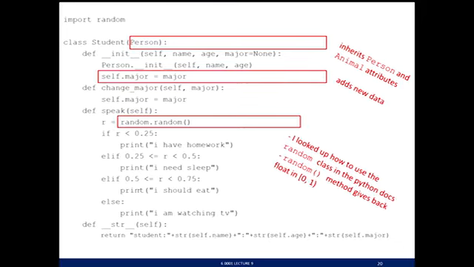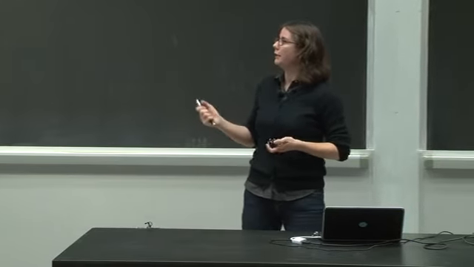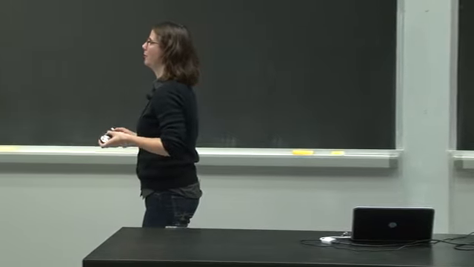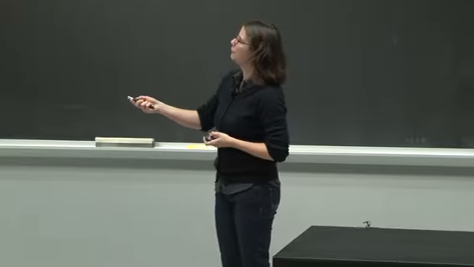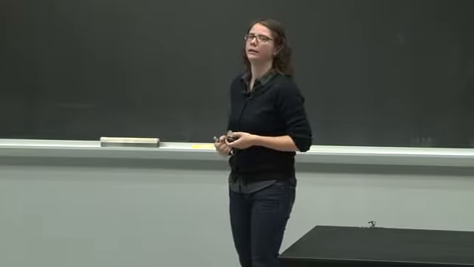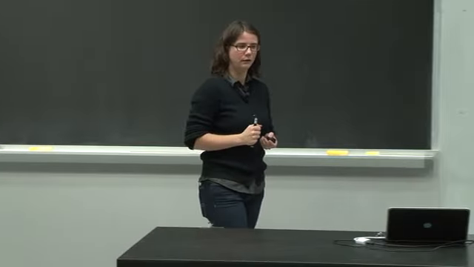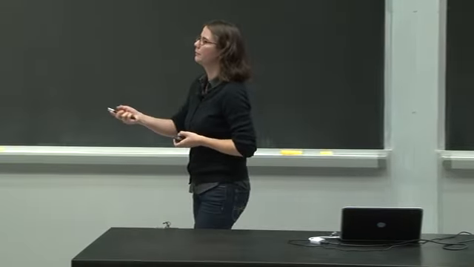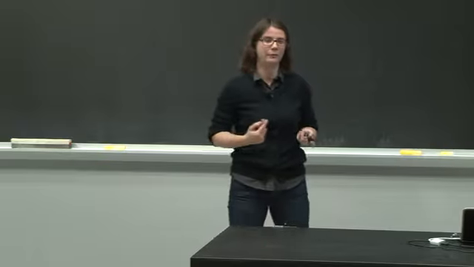And then I'm going to override the speak method. So the speak method for the person, recall, just said hello. A student is going to be a little bit more complex. I'm going to use the fact that someone created this random class. Okay? So this is where we can write more interesting code by reusing code that other people have written. Someone wrote a random class that can do cool things with random numbers.